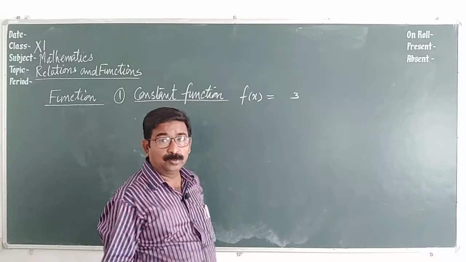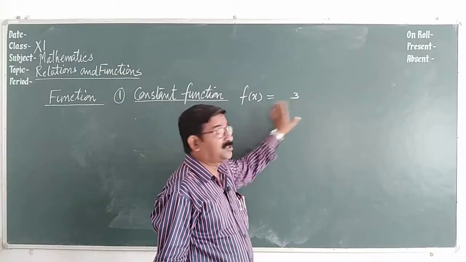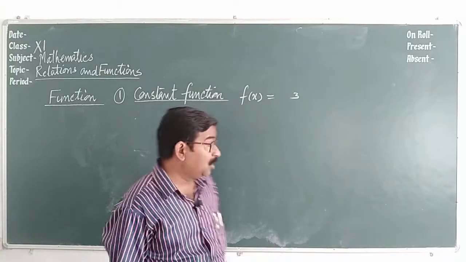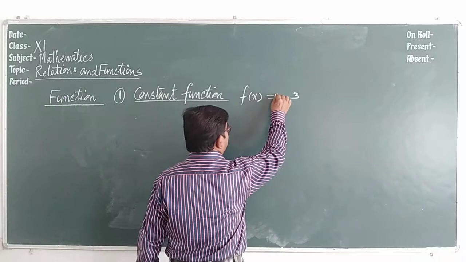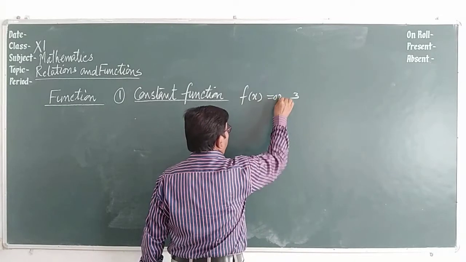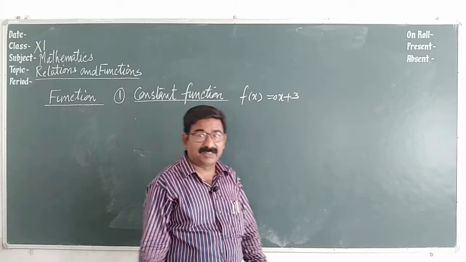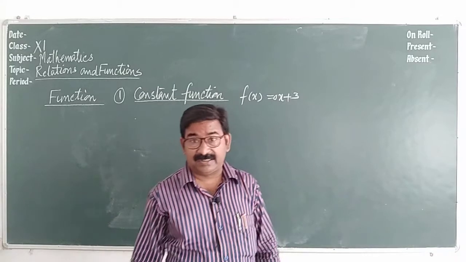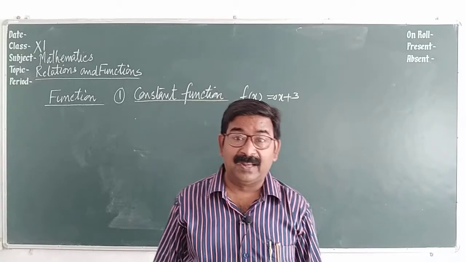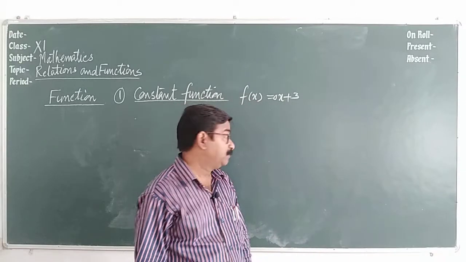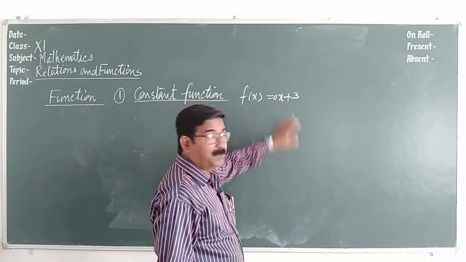f(x) = 3. In this function we don't have any variable. Or you can say f(x) = 0x + 3. Now let's see what the domain and range of this kind of function, that is the constant function, is.